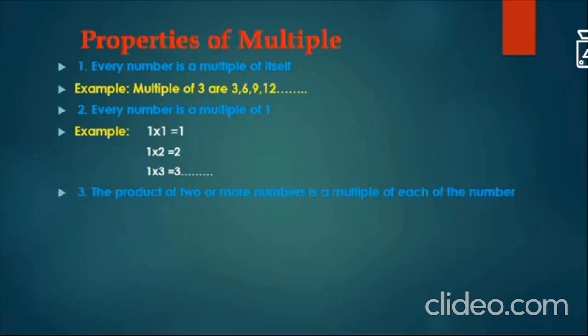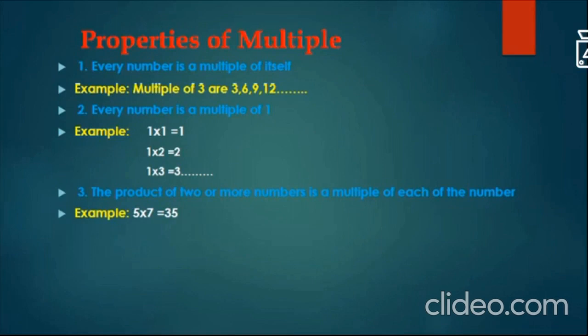Now third property, the product of two or more numbers is a multiple of each of the numbers. When we multiply two or more numbers and you get a product or multiple, the product is a multiple of both the numbers.